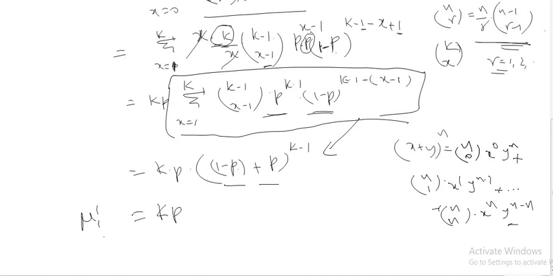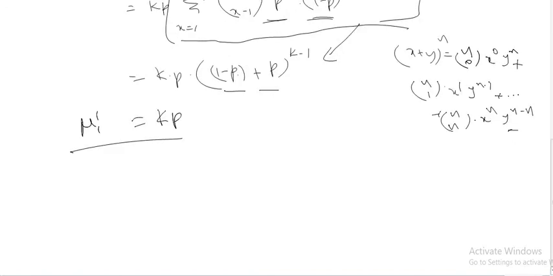That means mu1 dash is kp. This is mu1, the population mean. Then what about the sample mean?